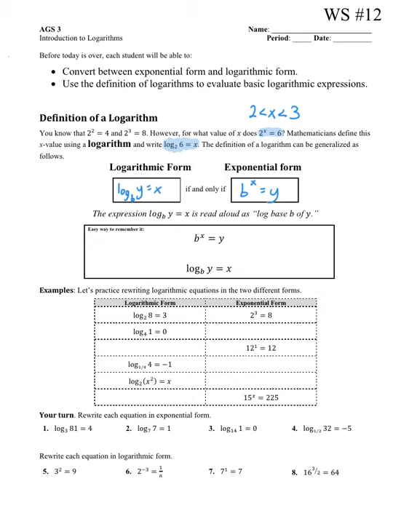So this is the way we're going to change from one form to another. Just as subtraction is the inverse operation of addition, and division is the inverse operation of multiplication, taking a logarithm is the inverse operation of an exponential equation. All right, that's the idea here.